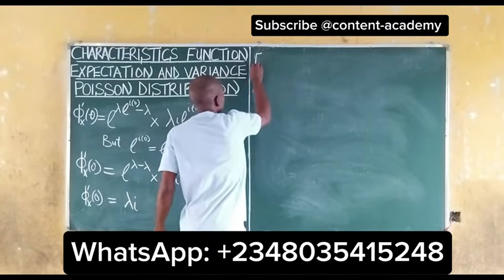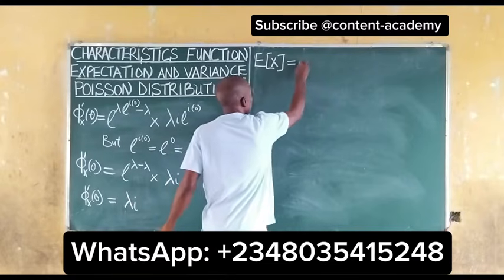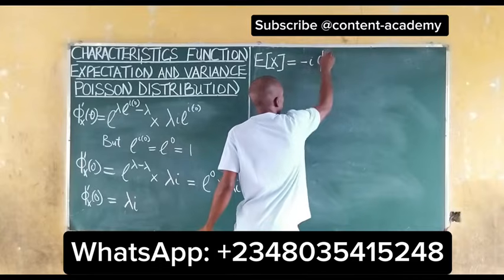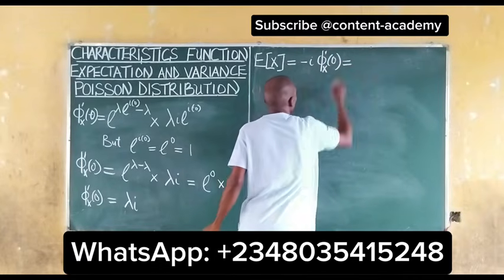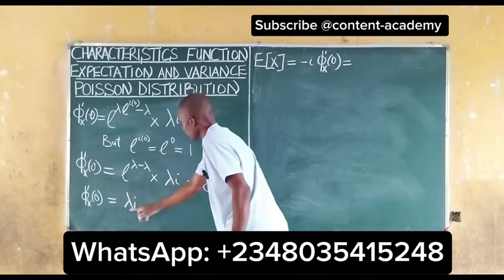Our expected value of x is equal to negative i multiplied by the whole of this, which is lambda i.